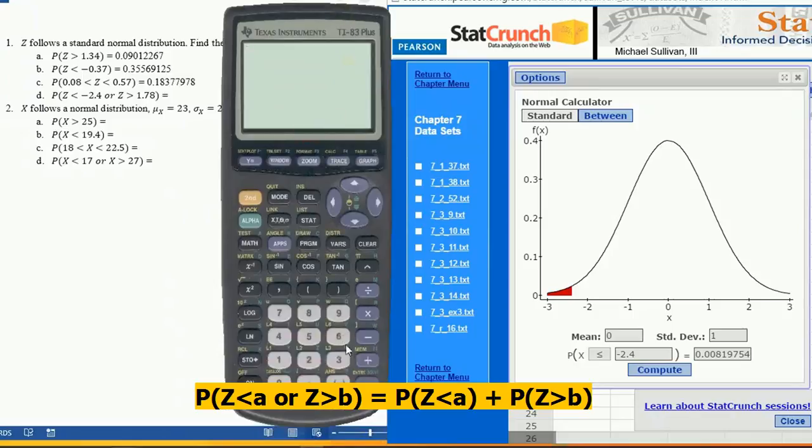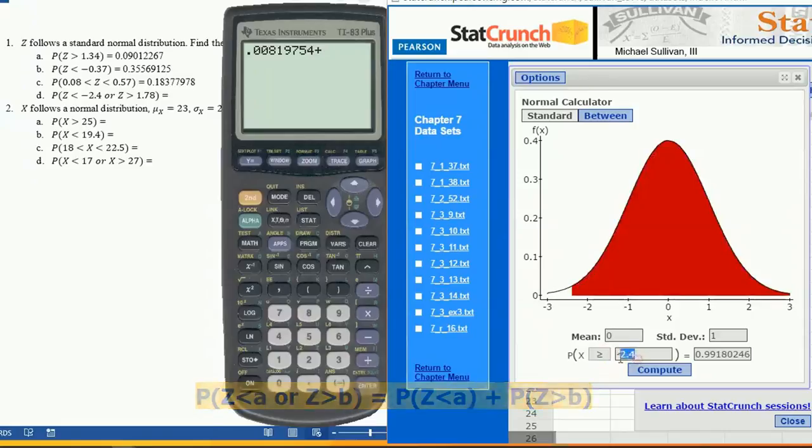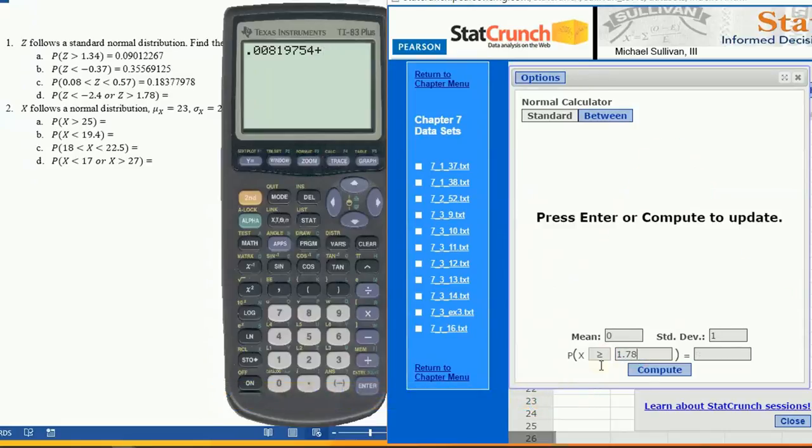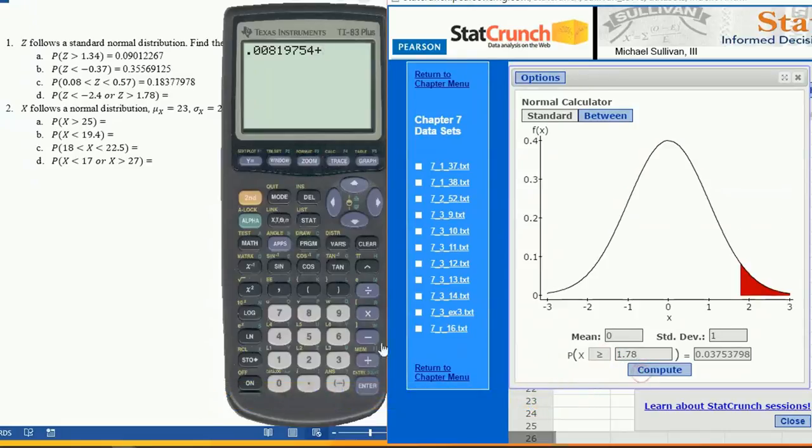So this probability is 0.0081974, and then we can go greater than 1.78, compute that, get our other tail, 0.0375798.